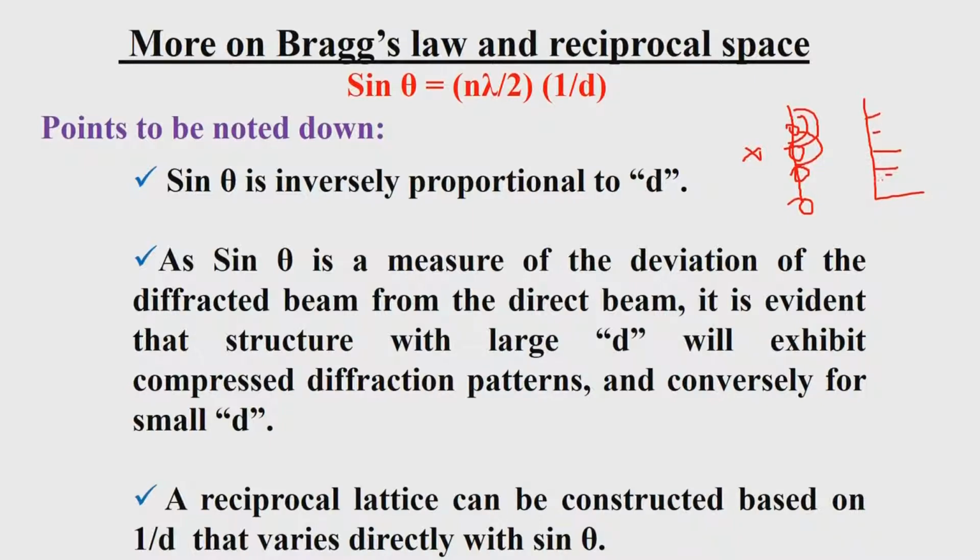We know that it is an inverse relationship. So, if the distance between these 2 points is a d and that is repeated in all the 2-dimensional plane, then we will get a large number of bright and dark lines here.